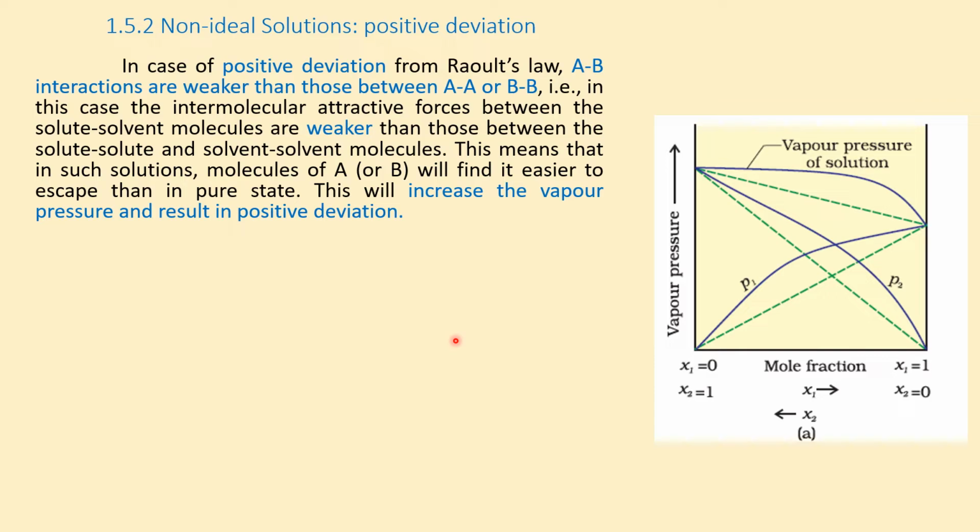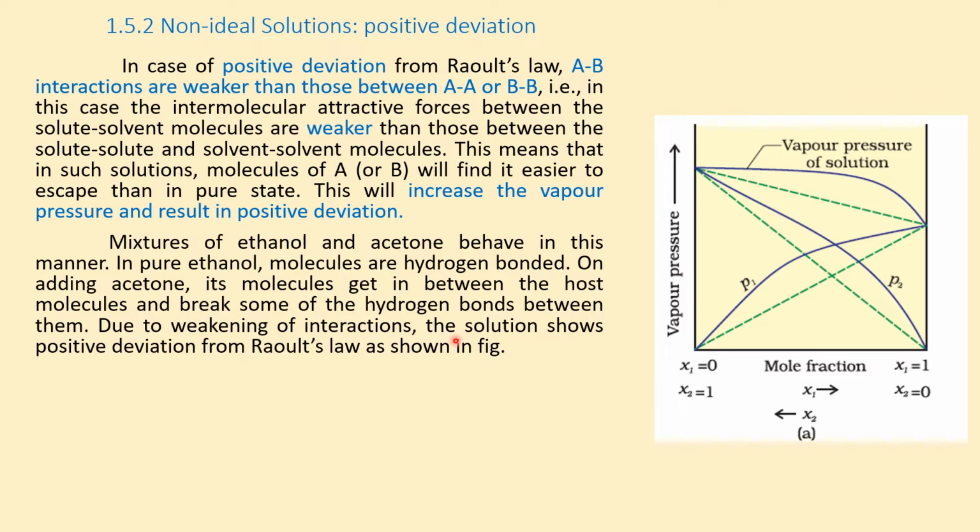This means that in such solutions, molecules of A or molecules of B will find it easier to escape than in the pure state. This will increase the vapor pressure and result in positive deviation. Mixtures of ethanol and acetone behave in this manner.